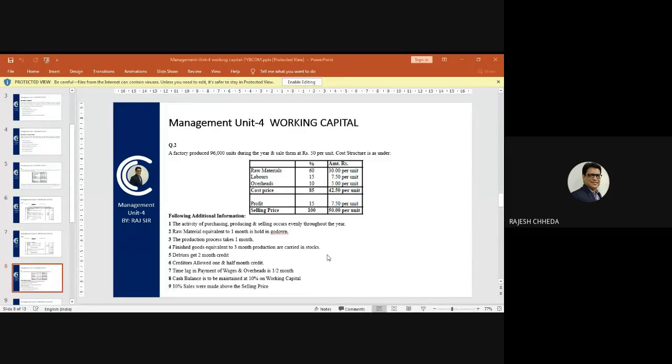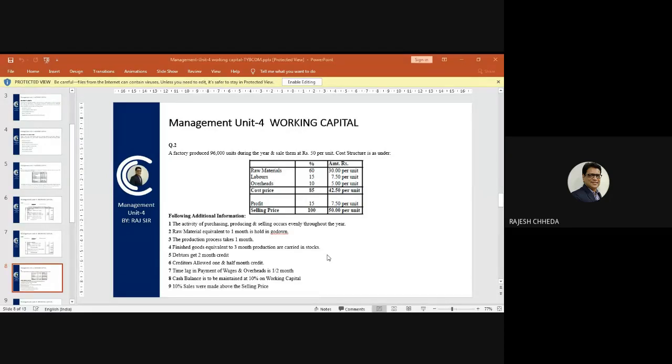So we divide by 12 and find 8,000 per month. The underlying assumption is that activities happen evenly. It's not like the first 4 months sales and production are double, then half. We are assuming that every month activities will happen the same way.